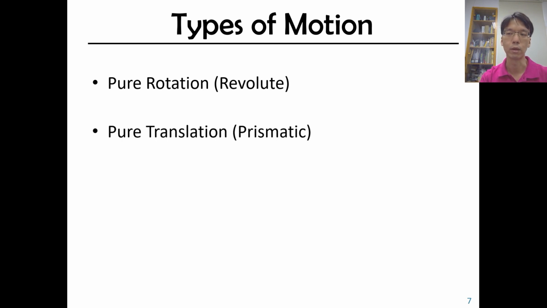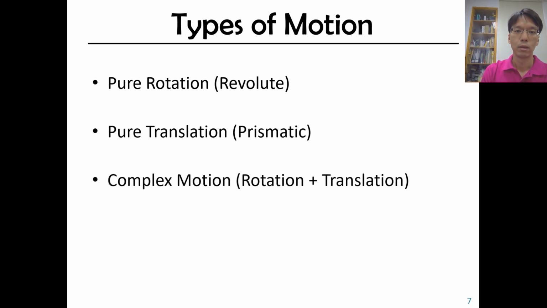It's a simplified categorization, but let's just see. The first one is pure rotation. For example, the 4-bar mechanism, they do pure rotational motion relative to each other.